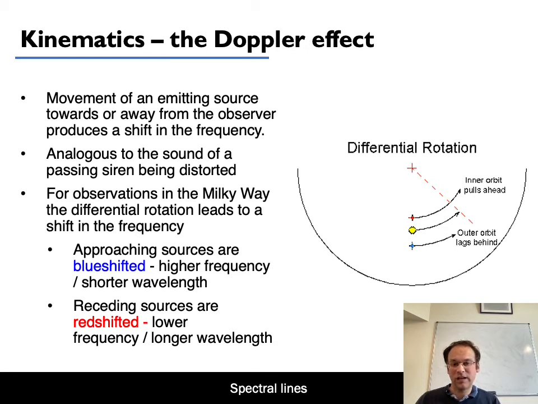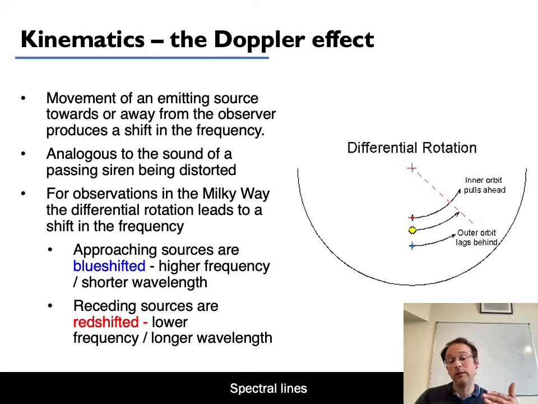An object that is in the inner orbit is moving faster than an object that's in the outer orbit. And that means that if we look, for example, towards the direction of rotation of the Milky Way as indicated in this diagram, then objects that are in the inner orbit, with respect to us, are pulling away from us. And so in terms of a radial velocity with respect to us, we're going to see that object's light is redshifted.